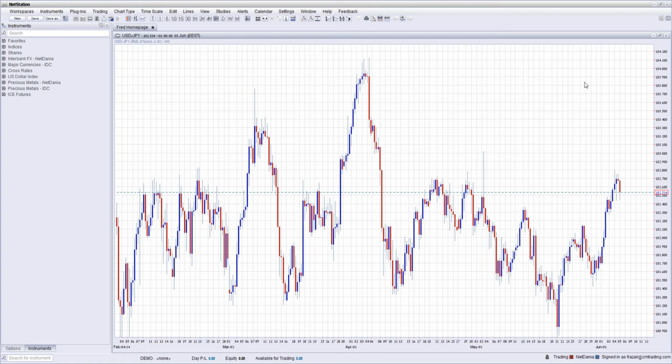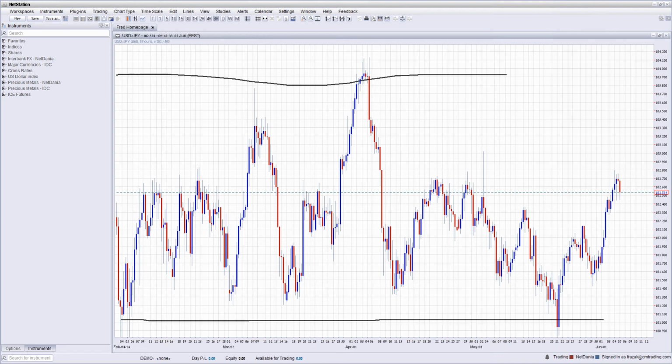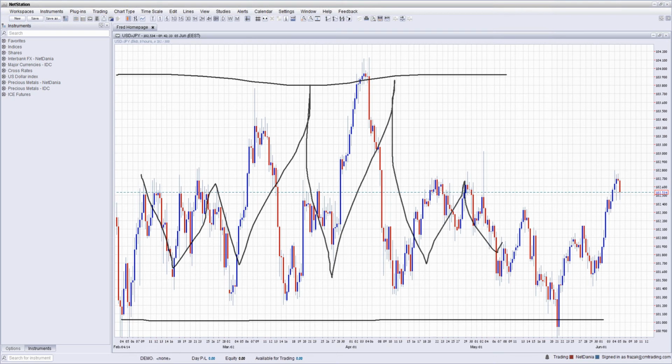I would love to see something that goes up like this, but we're not doing that. We're at this range to this range, literally up, down, up, down. I know I'm just scribbling here, but this is not such an easy trade.